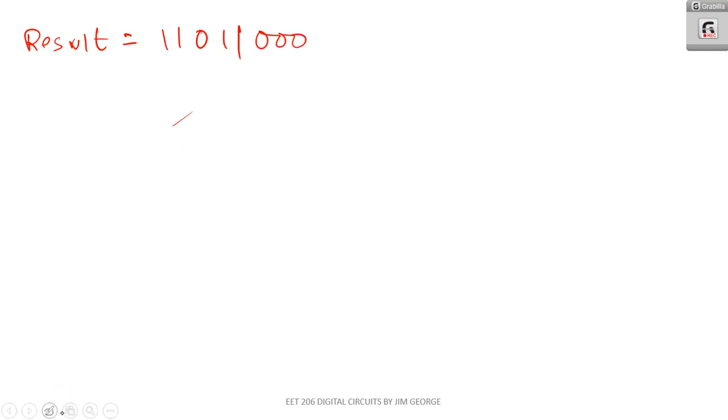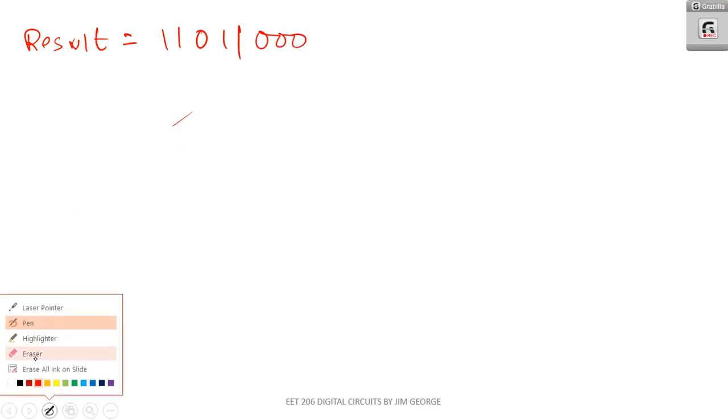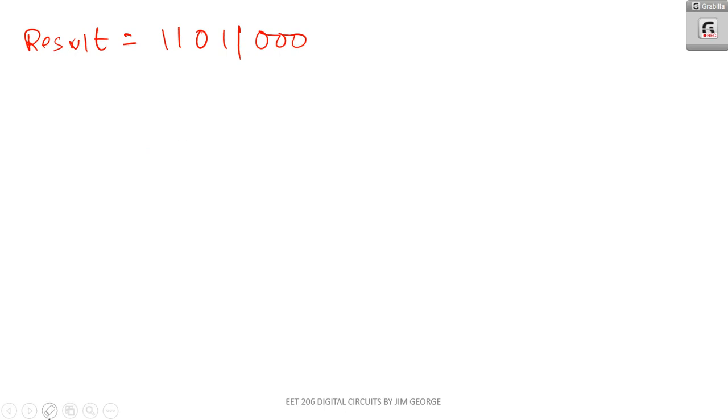That is the final result we are having. Now you need to take the ones complement of the result. What is it? That is 00100011.